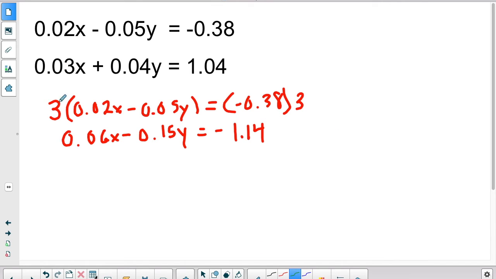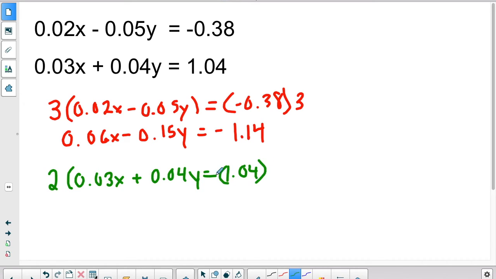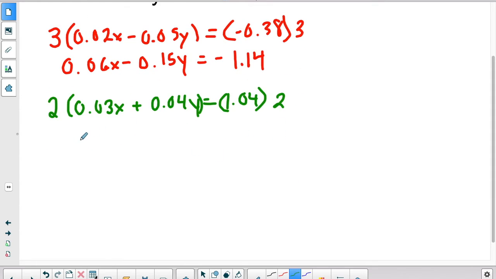Now we'll do the same thing with the bottom, but this time we're not going to multiply by 3, but we're going to multiply the bottom equation by 2 so that the values of x will be the same. Or multiply both sides by 2. And when we multiply both sides by 2, we're going to get 0.06x.